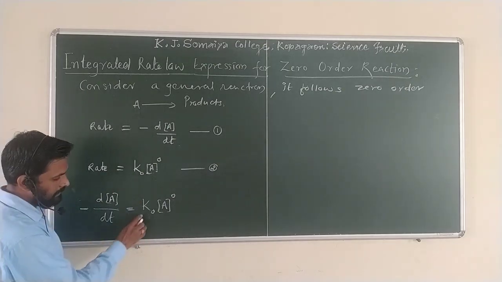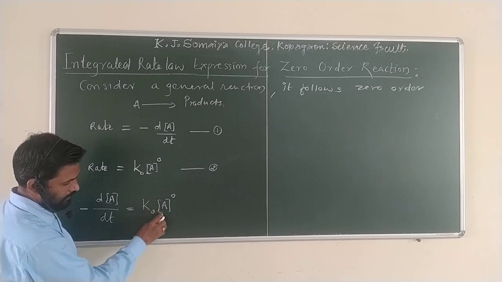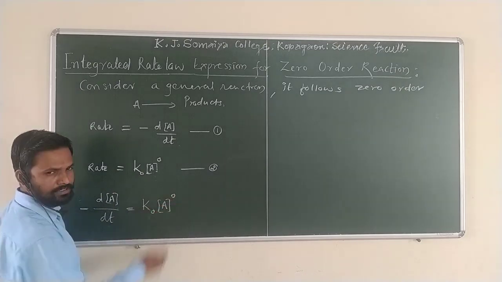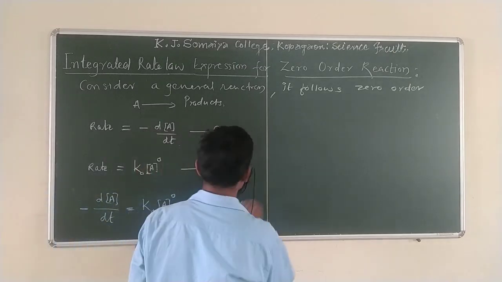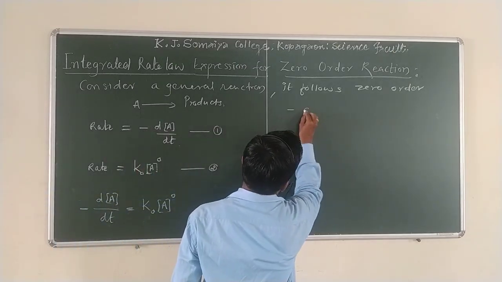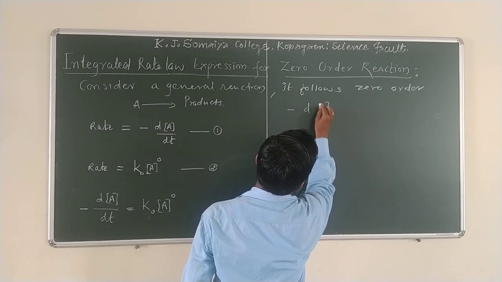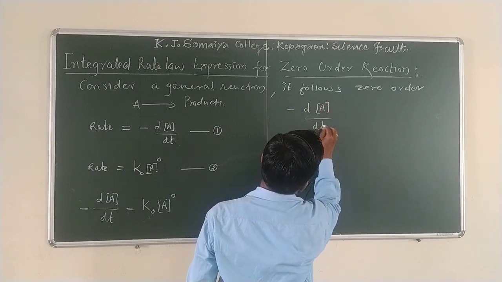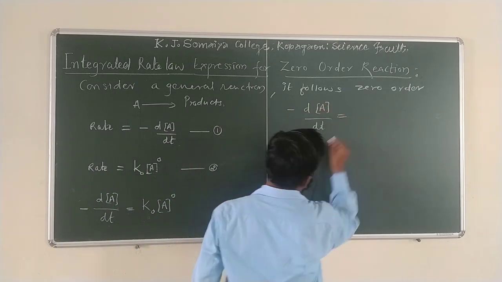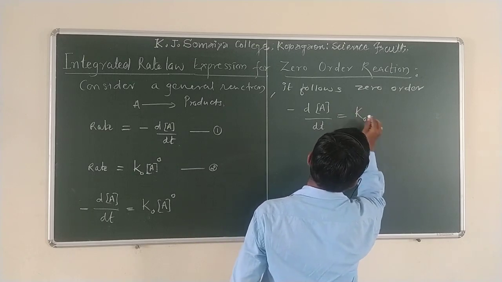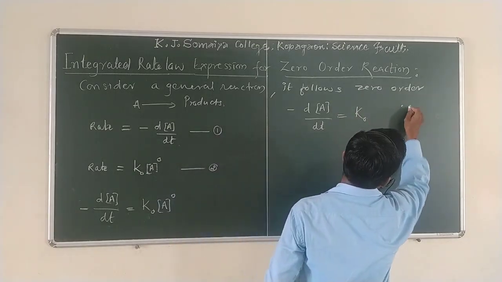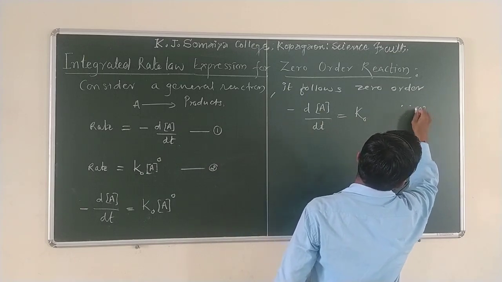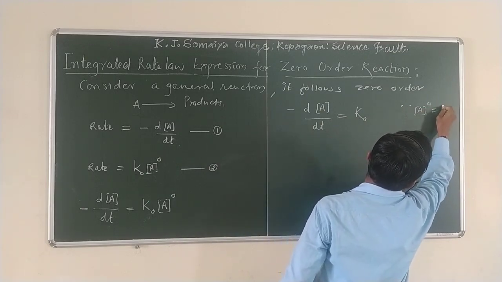Now what will happen? K0 into concentration of A to the power 0, it will become the value 1. So now minus dA upon dt is equal to K0, since concentration of A to the power 0 is equal to 1.